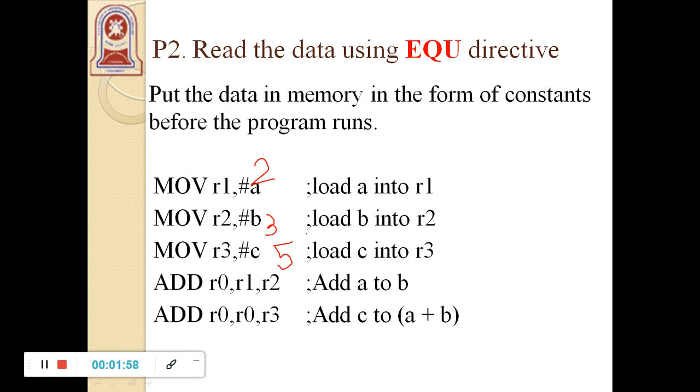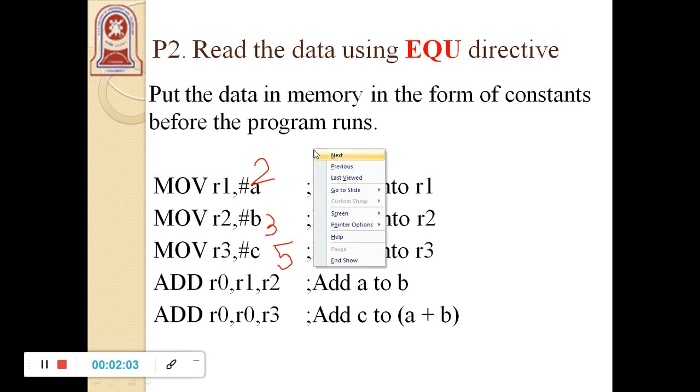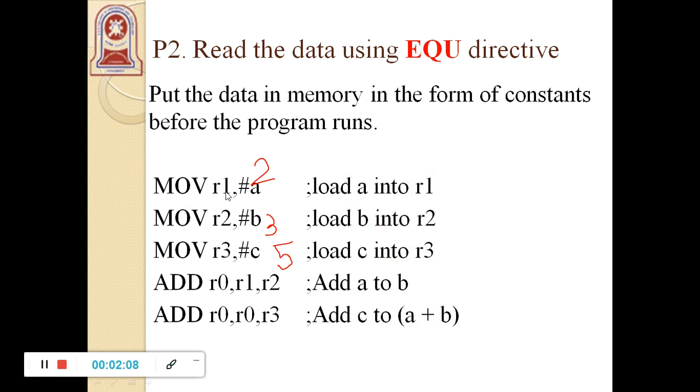Now in this example we are giving immediate value A, immediate value B, immediate value C. Then we add A plus B, which are in the R1 and R2 registers, and the result is stored back into R0. Again the resultant R0 is added with the R3 register to give the final output in R0.